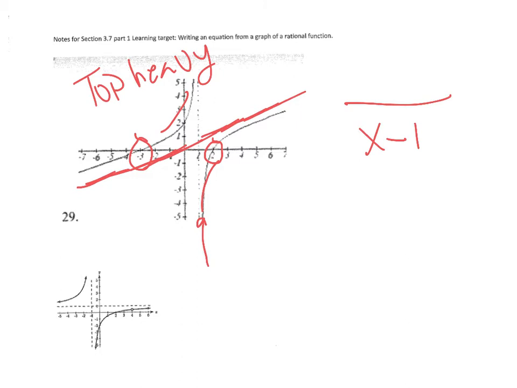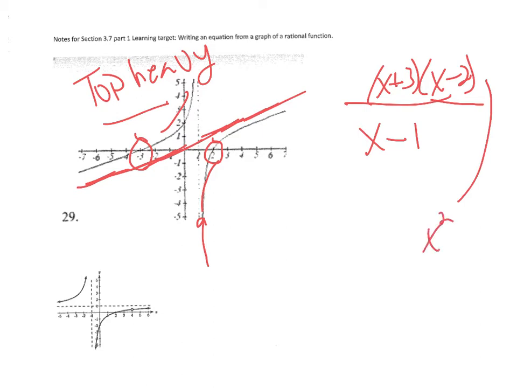They're not wiggling or bouncing. So I'm going to write x plus 3 times x minus 2. And notice what I said about being top-heavy. If I were to expand this on the numerator, wouldn't it be x squared plus some other terms over x minus 1? And way out at infinity, that'll also be infinity. So we know we're doing this right.